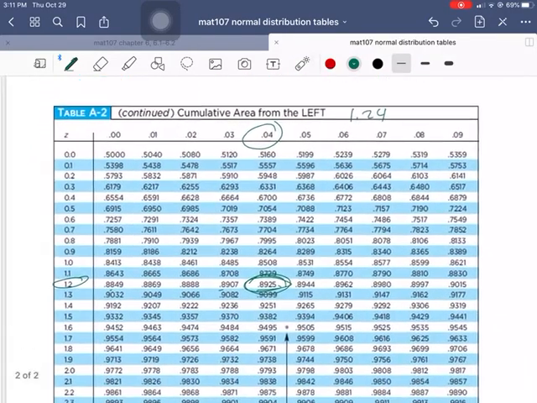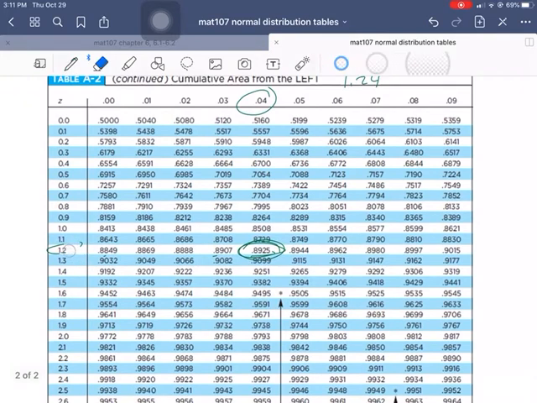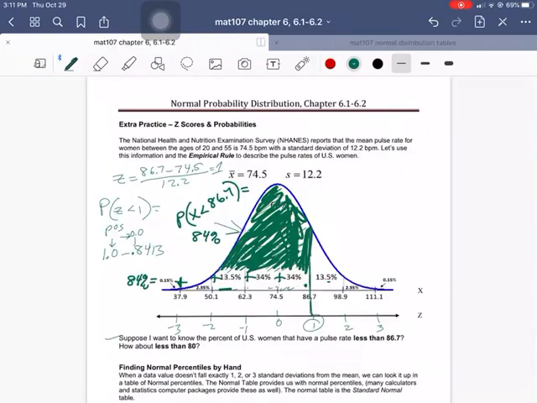Let's go there for a second. This is the positive table. Let me erase some other things I had there. And we're going to go down to 1.0 and 0.00 right there. 0.8413, which rounds to 2 decimal places, is our 84%. Okay?